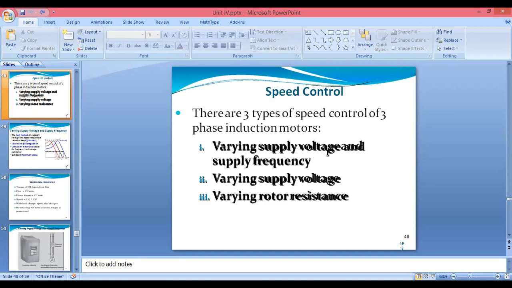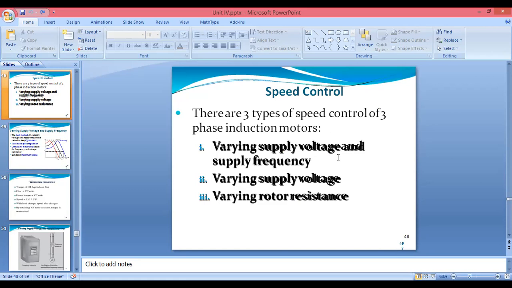When studying the three-phase induction motor, Ns equal to 120 f upon P means the synchronous speed depends on the frequency, and N equals Ns (1 minus s) means the speed of the induction motor depends on its synchronous speed.